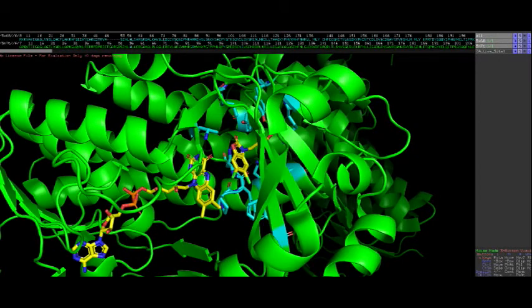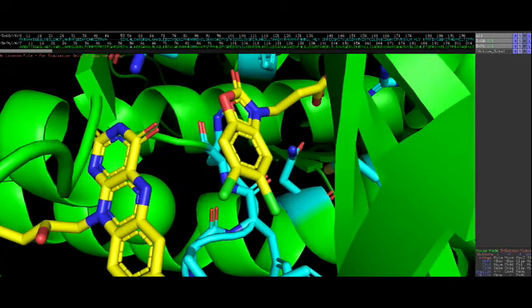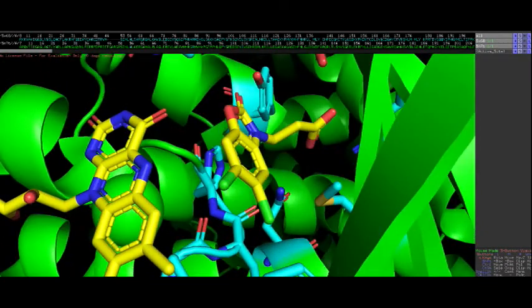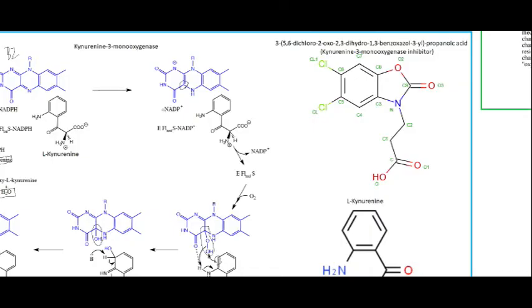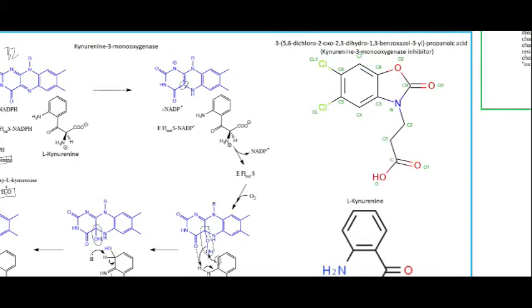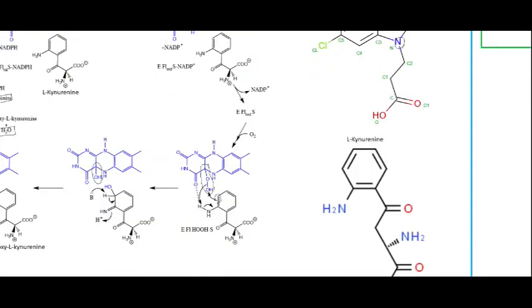We can see here in the active site, this is the inhibitor that they used to get this structure. But we can see how this aromatic ring would fit into the active site similar to this aromatic ring, and we can see how this nitrogen right here would likely fit into the same place as this nitrogen right here.